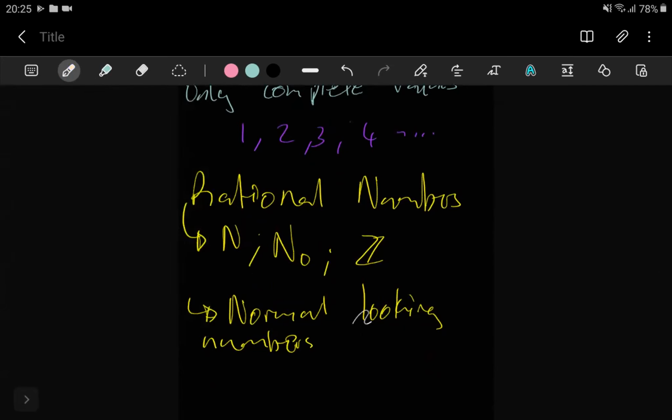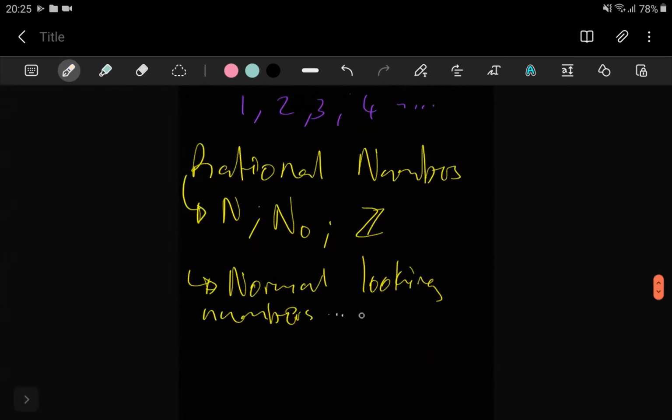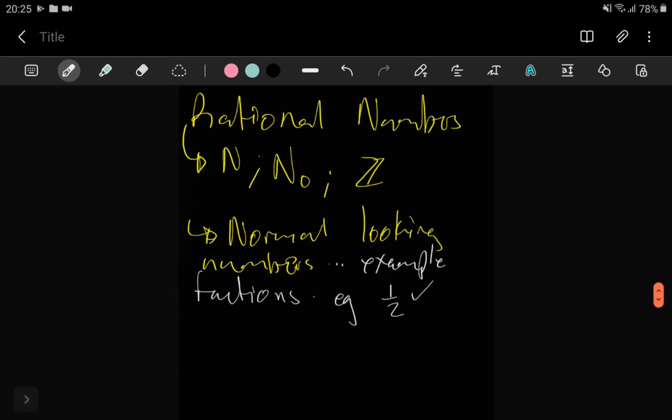When I say normal looking numbers, I'm basically referring to, for example, fractions. If something can be written as a fraction, like 1/2, this is rational. It qualifies as a rational number.